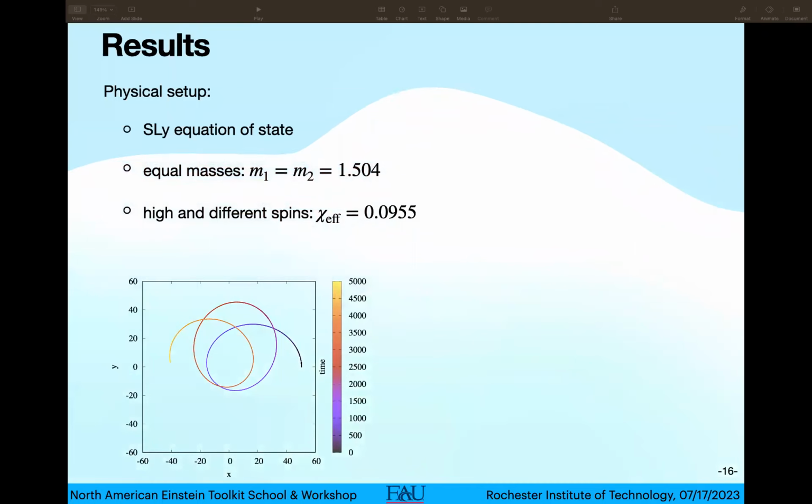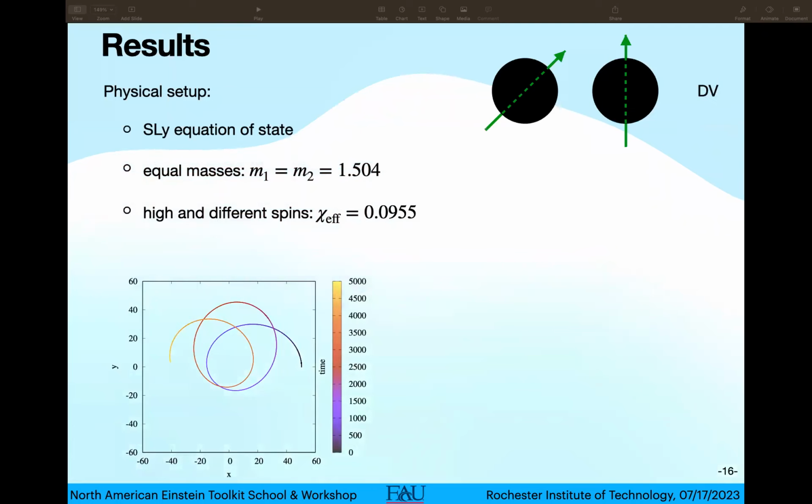So now let me focus for a while on the spin. That's the first configuration we are working with, and let's imagine that there is an orbital angular momentum orientated vertically. In this case, we have the left-hand side orientated diagonally and the right-hand side orientated vertically.